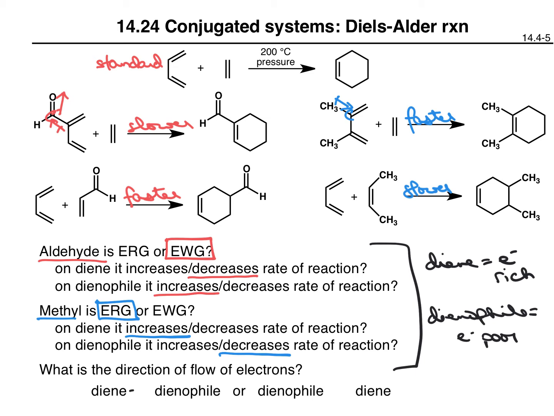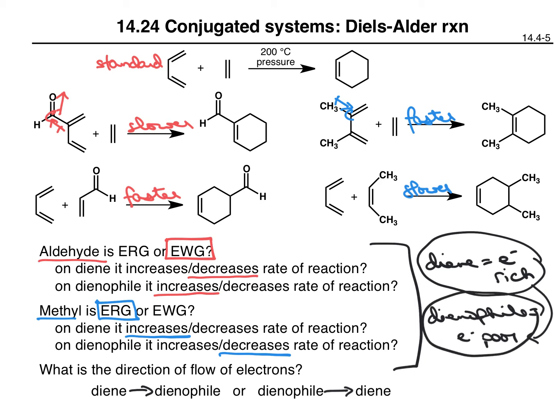Sorry, I lost my arrows here. So what does this tell us then? What is the direction of flow of the electrons? Well, they must be flowing from the electron-rich diene to the electron-poor dienophile. So they're flowing from the diene to the dienophile.